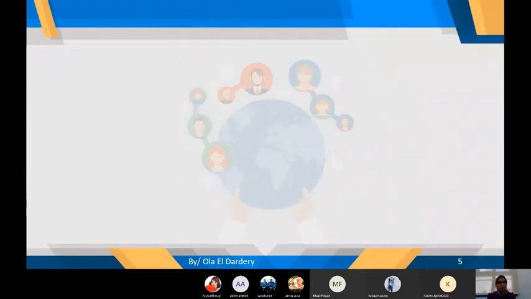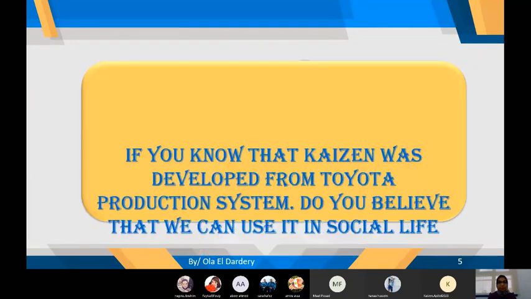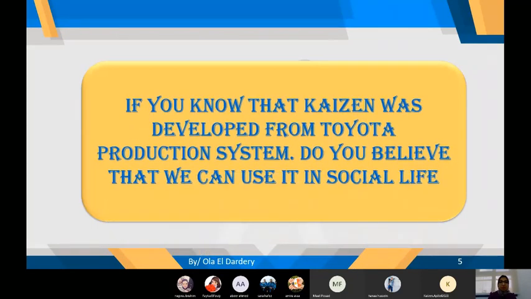Okay, so if you know that Kaizen was developed from the Toyota production system, do you believe that we can use it in social life if it was mainly developed for the manufacturing system? So what do you think? Can you just write it in the comments?